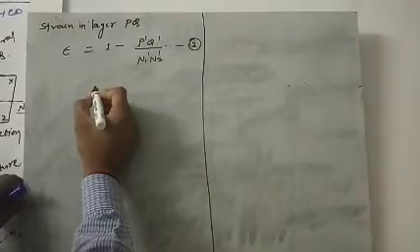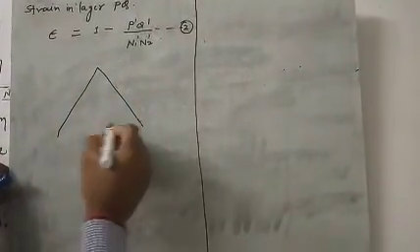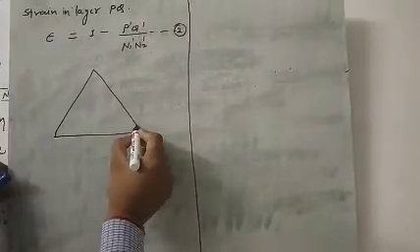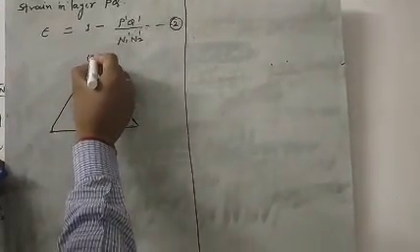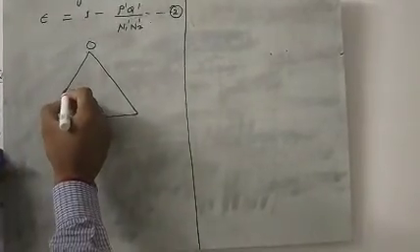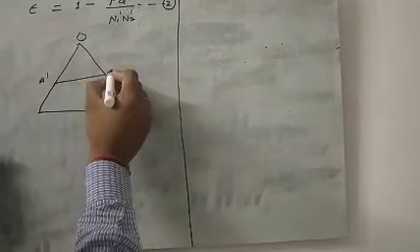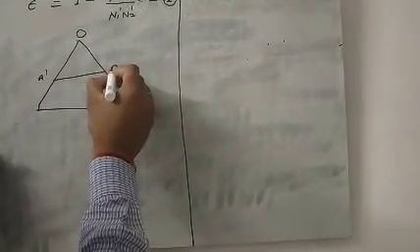So for ease of calculation, we can make a triangle here. O is the center point. This is our A dash. This is B dash, right?